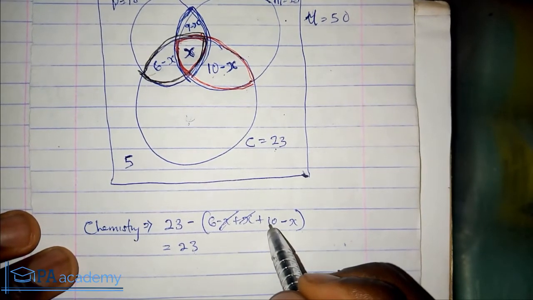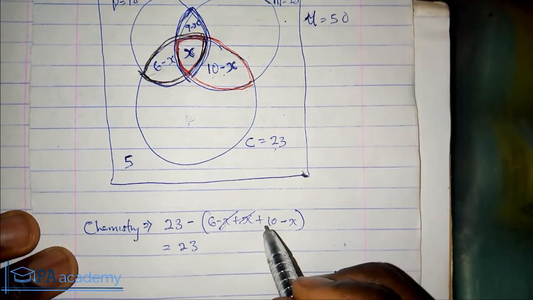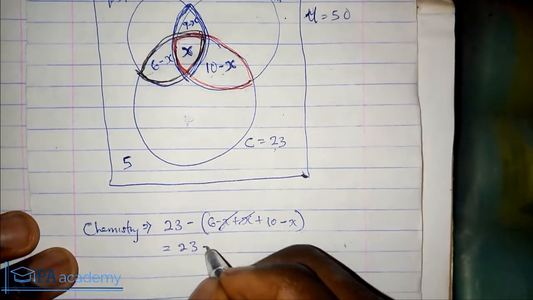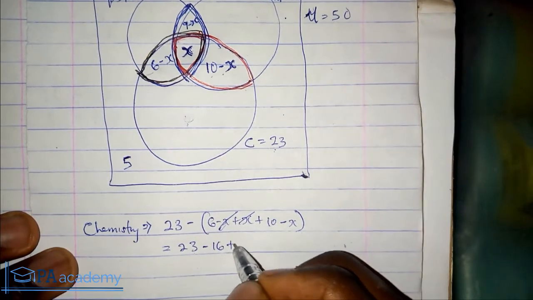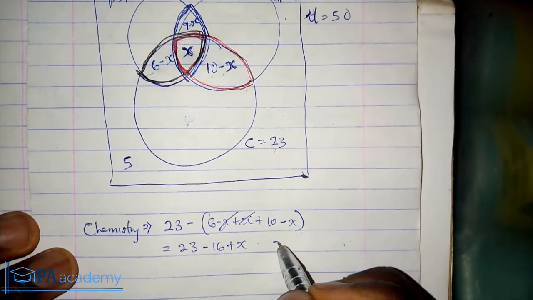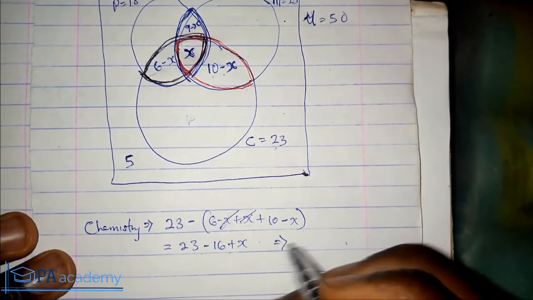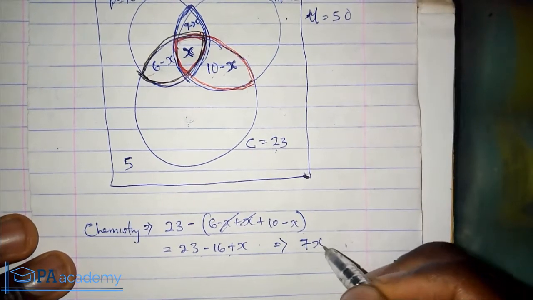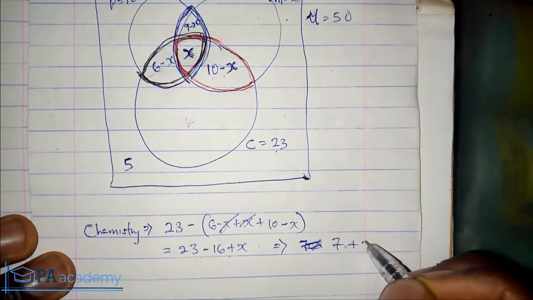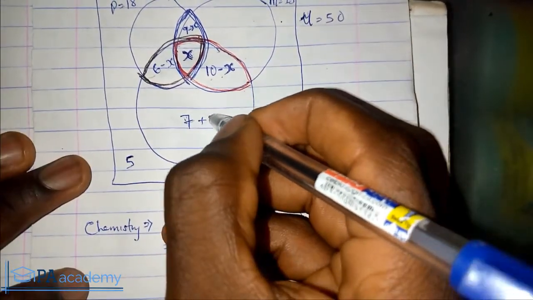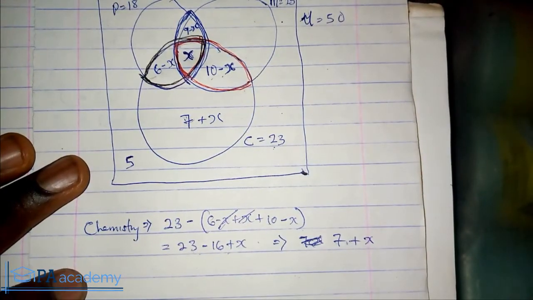So 6 plus 10, that's 16, and then minus X. Due to this minus, we'll be having minus 16 plus X. So 23 minus 16 will give us 7 plus X. So that 7 plus X, we'll have it here, 7 plus X. So that is for chemistry.